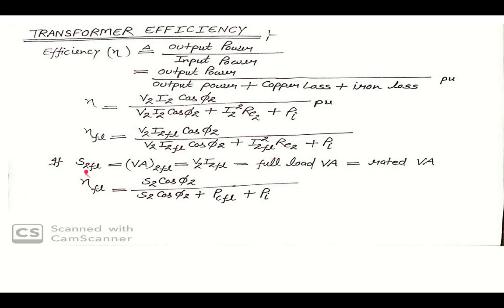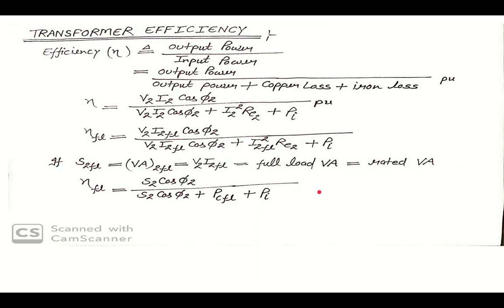Now S2 FL is a rated value. S2 FL is equal to VA2 FL, where VA means volt ampere, 2 means secondary, and FL means full load. So volt ampere at full load means V2 I2 FL, the full load in volt ampere or rated value.